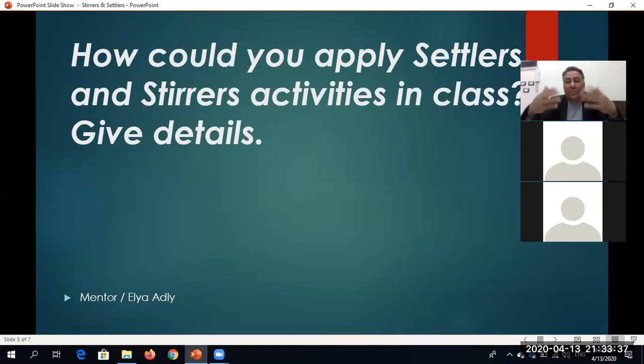So we can apply the same activity to make it a settler or a stirrer, depending on the instructions you give to the class, or the plan you make. With some modifying of the game or the activity, you can transform it from settler to stirrer or vice versa. So thank you, Ms. Hana. This is very good.